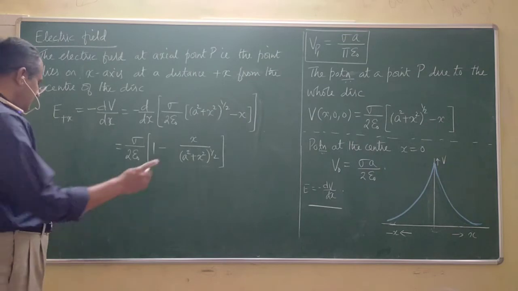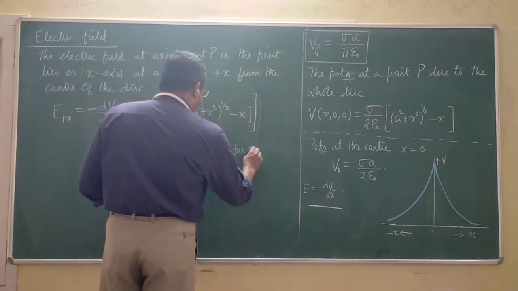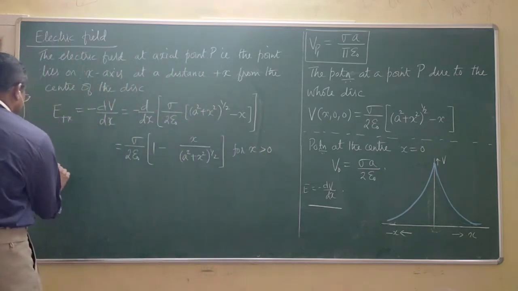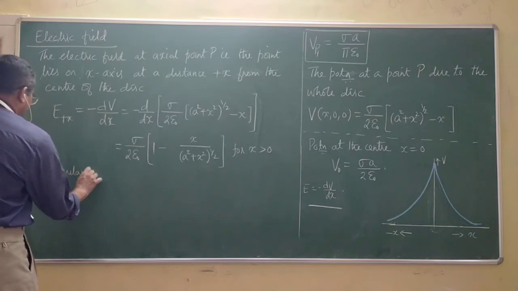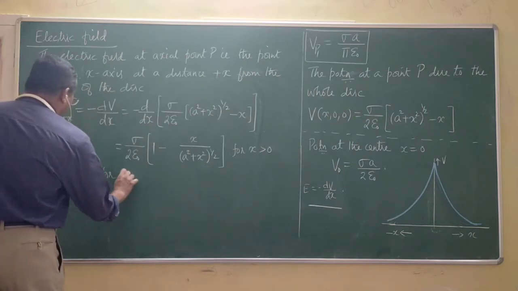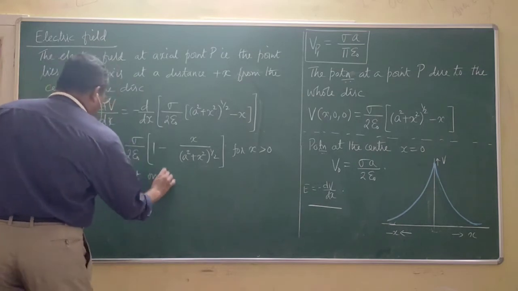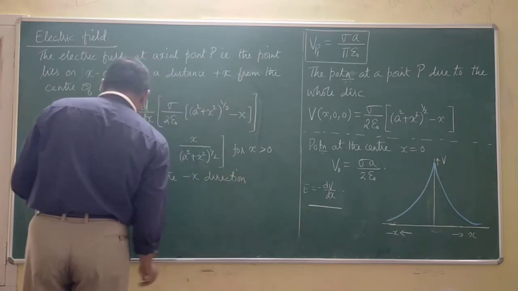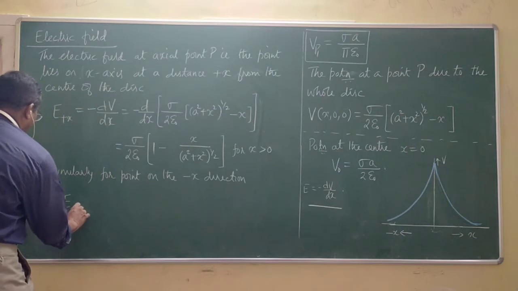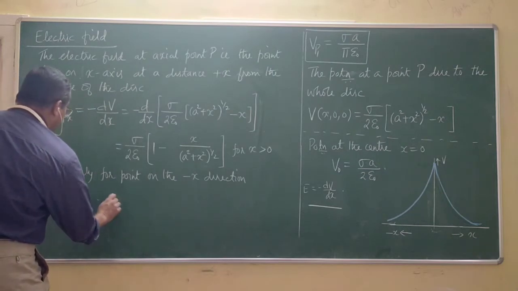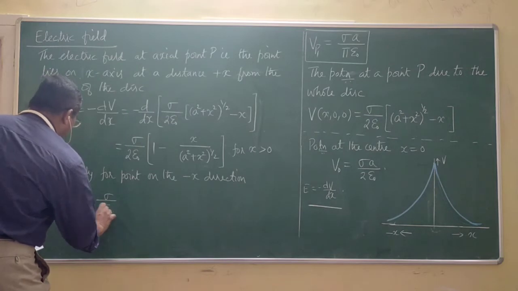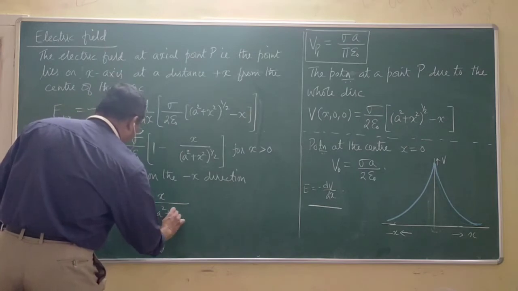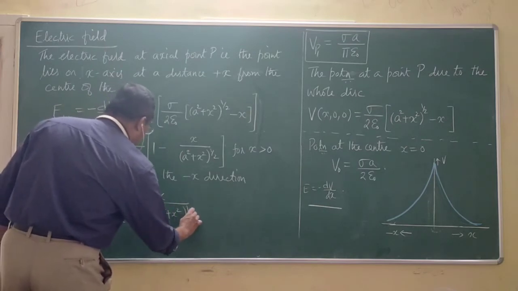Now, this is for x greater than 0. Similarly, for point on the negative x direction, E of minus x will be sigma by 2 epsilon naught 1 plus x by a squared plus x squared whole power half.